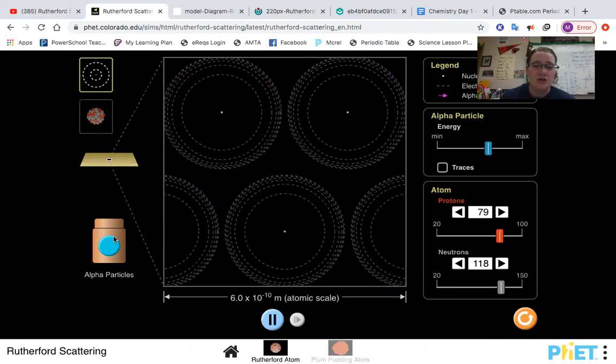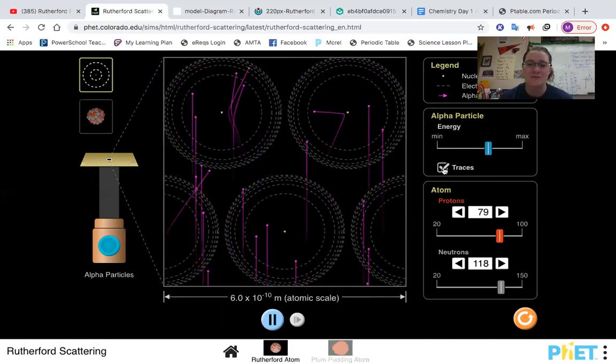And so if I shoot particles at the nucleus, we'll see that a lot of them do go straight through. Like if they go through this empty space, they can go straight through the atom. If they come close to the nucleus, we see that they kind of go off to the side. I can turn on a trace for these so that we can see some of the paths of these particles.